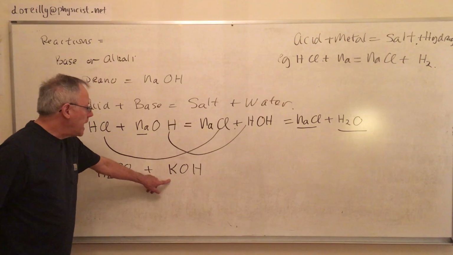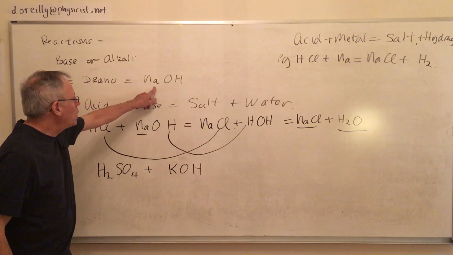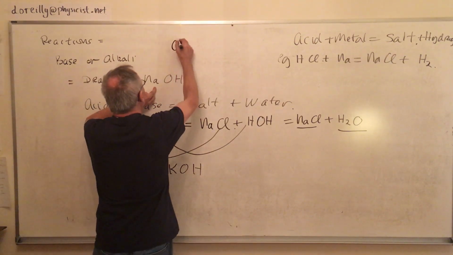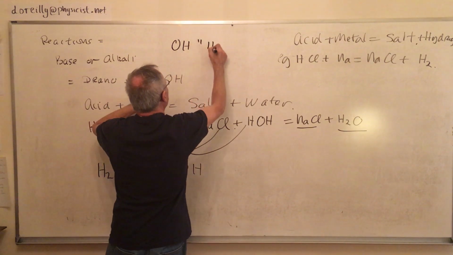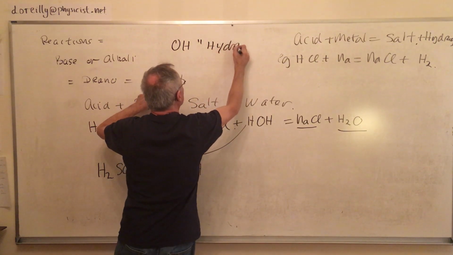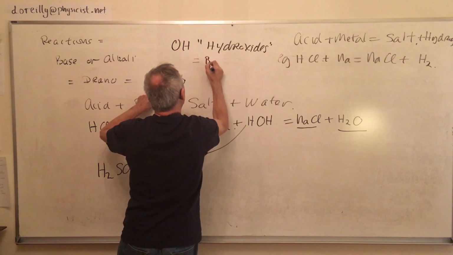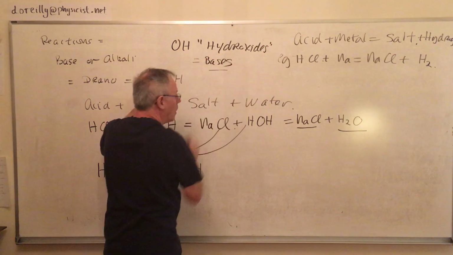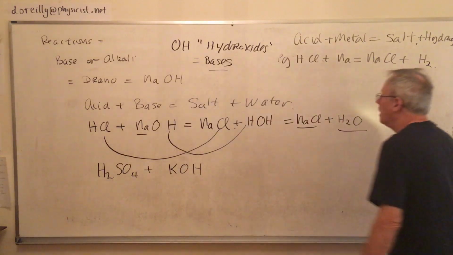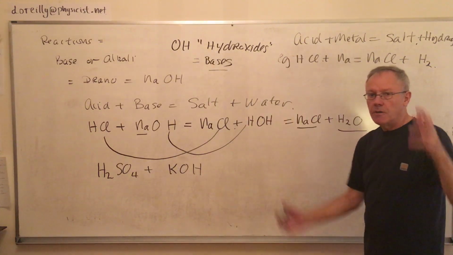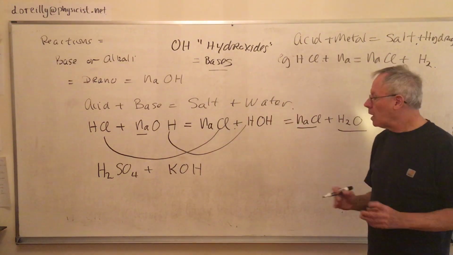Now this is going to be potassium hydroxide. This one is sodium hydroxide. Anything with OH in it makes hydroxides. Now water has OH in it, but it also has the acid part in it. So they fight each other and make a neutral compound.